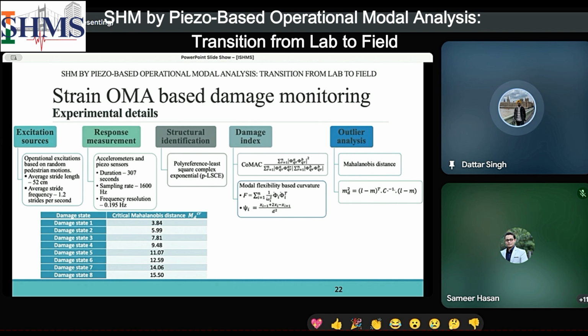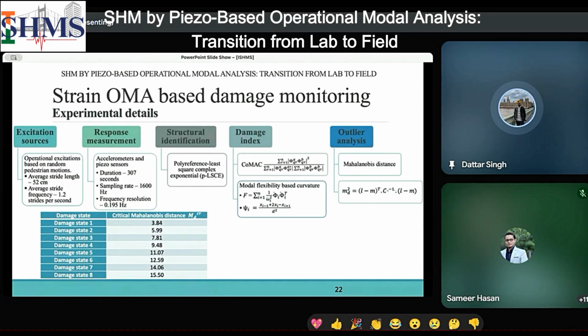So strain mode shapes from piezoelectric sensors reduce the process noise in obtaining this curvature. Now, why flexibility based curvature from mode shapes, not stiffness? As we can see from the basic formula for flexibility, the convergence of flexibility based on mode shapes is dependent on only a few initial modes.